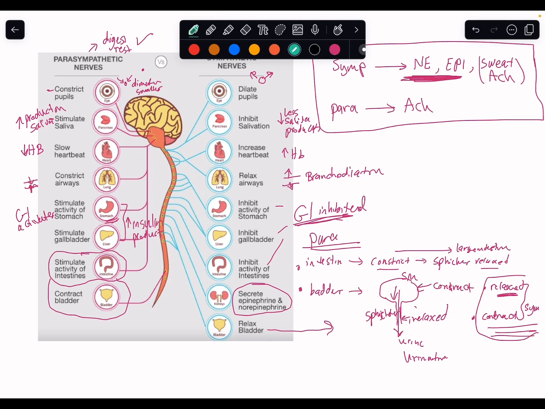By the way, here beta and here alpha receptors are located. Okay?